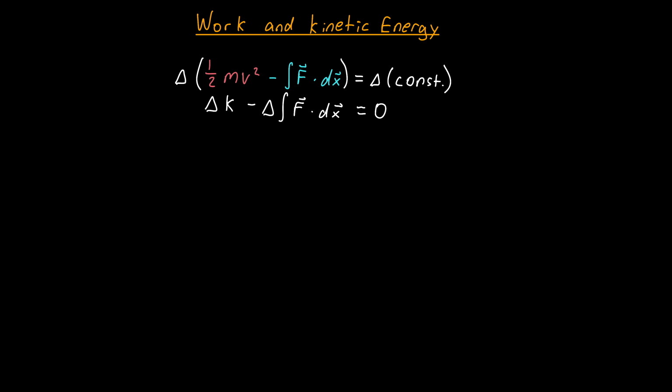Now, those of you who are calculus savvy will know that the change in an indefinite integral from one position to another is just the definite integral between those positions. In other words, we can write delta K is equal to the definite integral from some initial position to some final position, I should really write these as vectors, of f dot dx between those positions.